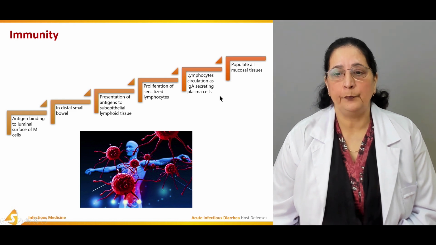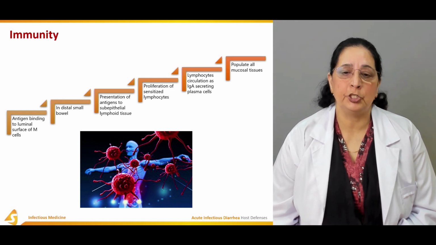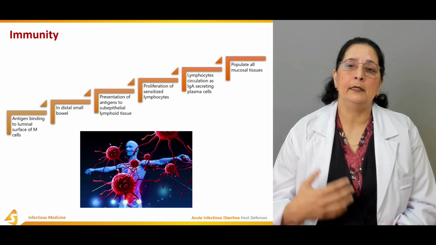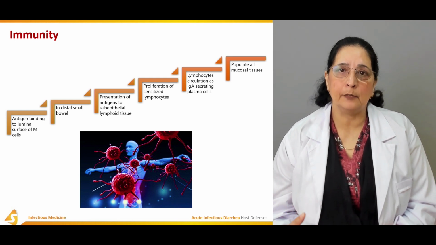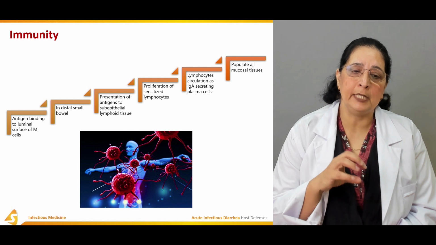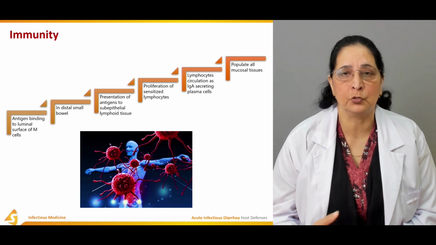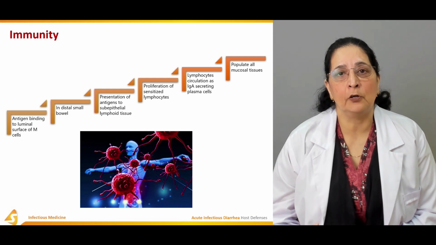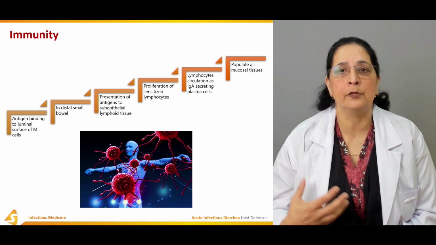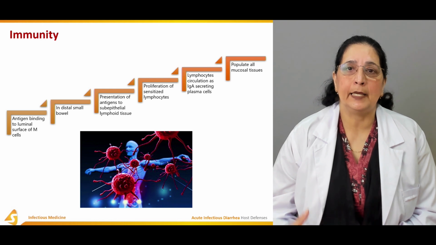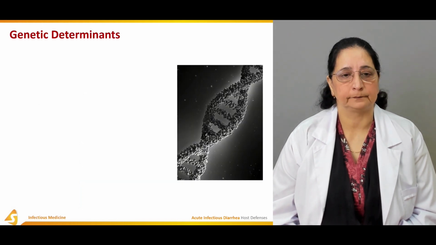And these populate all mucosal tissue. Plasma cells lead to the formation of antibodies. So binding to the antigen leads to the proliferation of lymphatic tissue, leads to the formation of plasma cells, and that's how it protects against the infection.